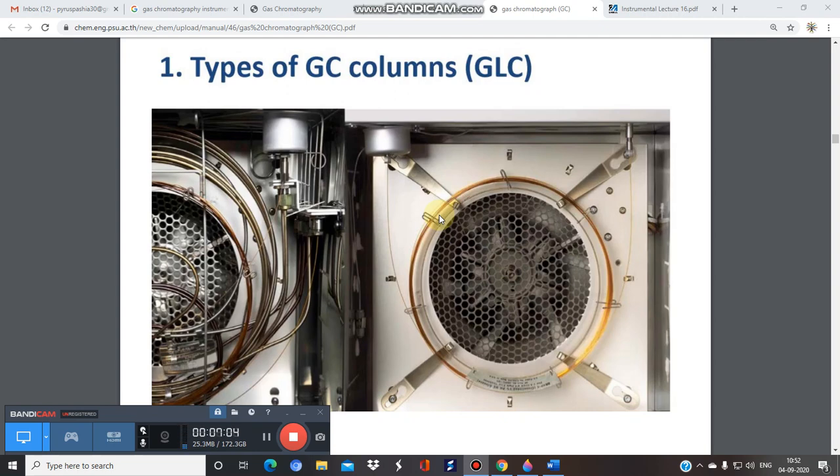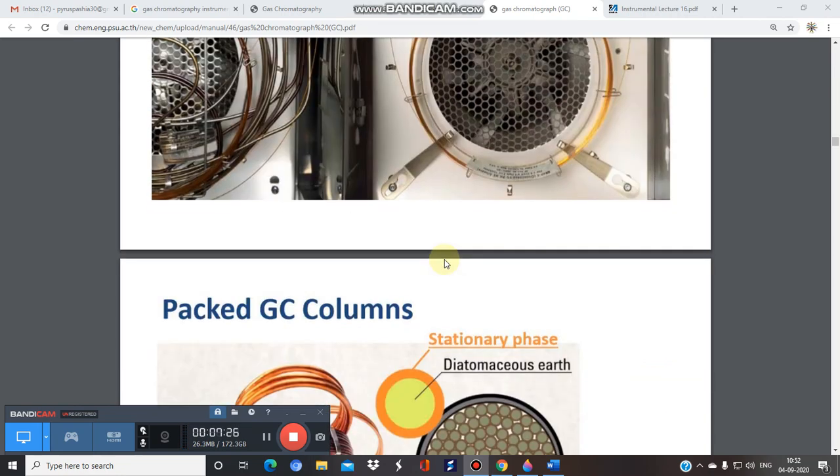This special coil shape, the circular shape of the column, will increase the retention time. That means the sample present as a mixture has more time to interact with the stationary phase as well as the mobile phase, and due to this enhanced time, it will get easily separated.